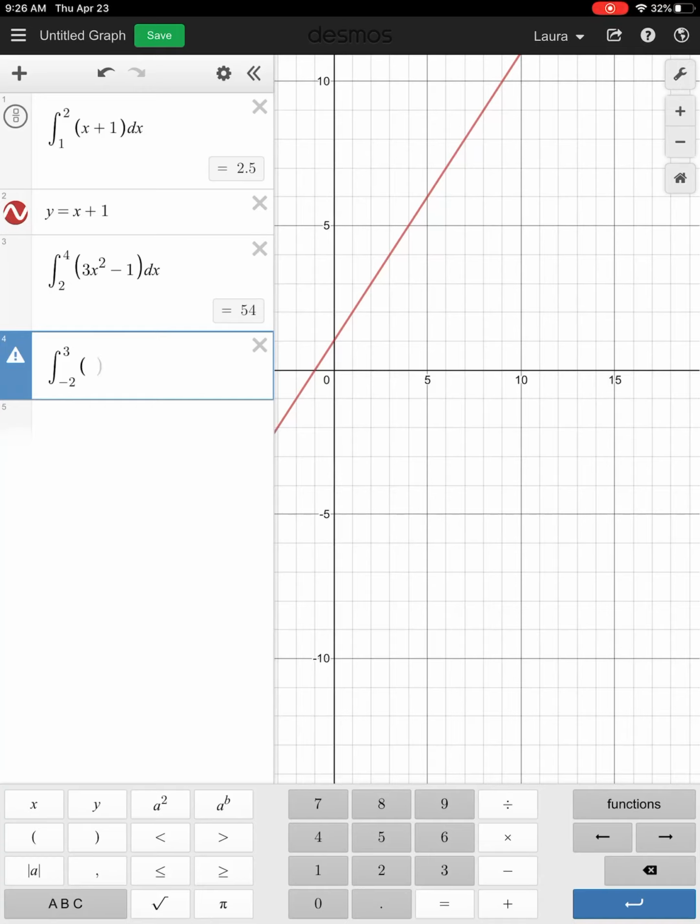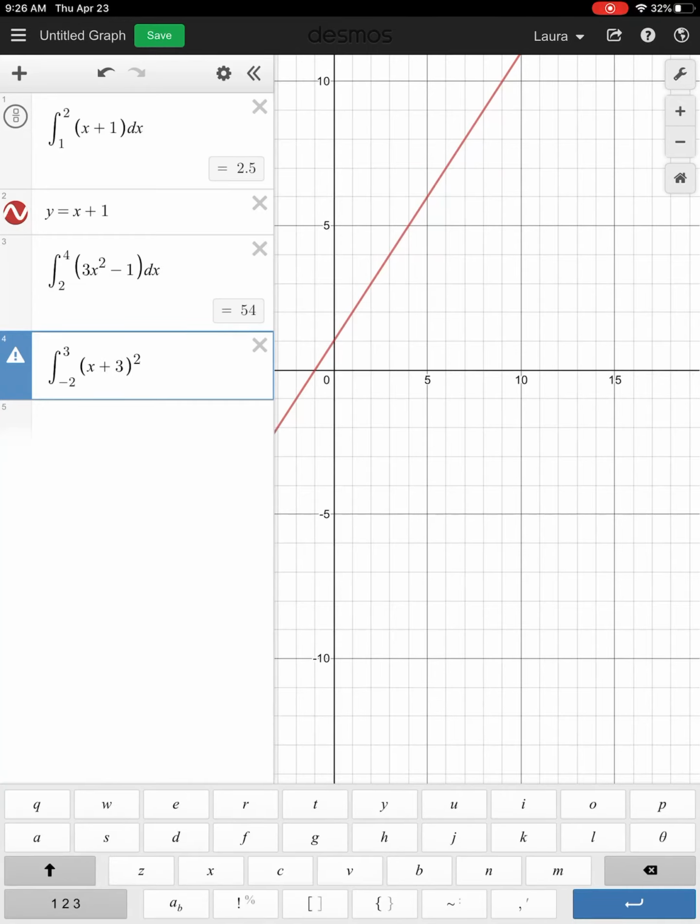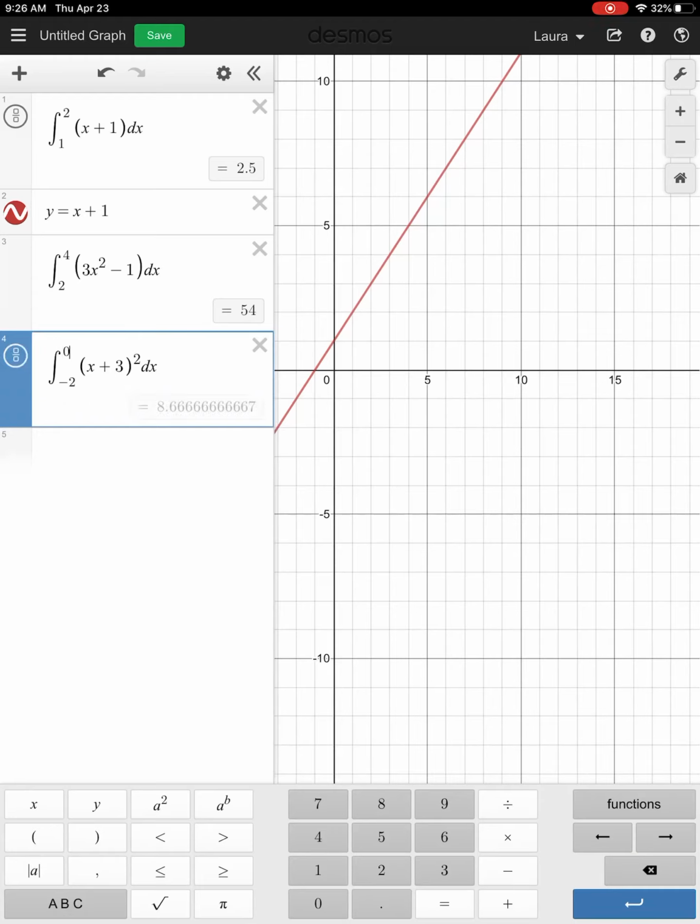Okay, and then if we put the integral from negative 2 to 0 of x plus 3 squared dx in our calculator, integral from negative 2, I guess they let you use that, to 3, x plus 3 squared dx.